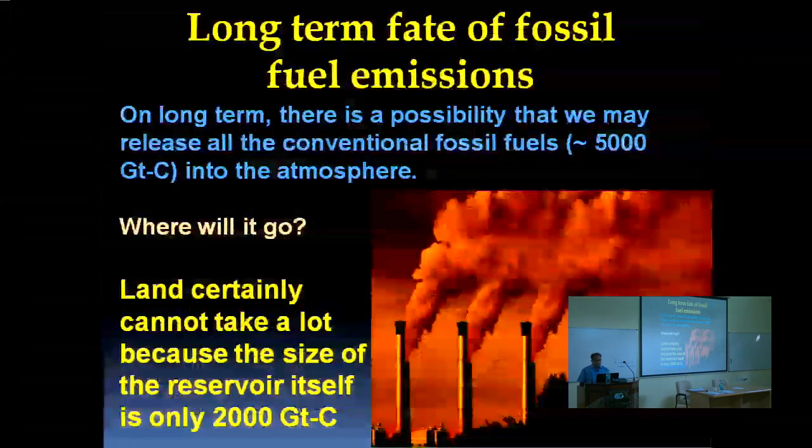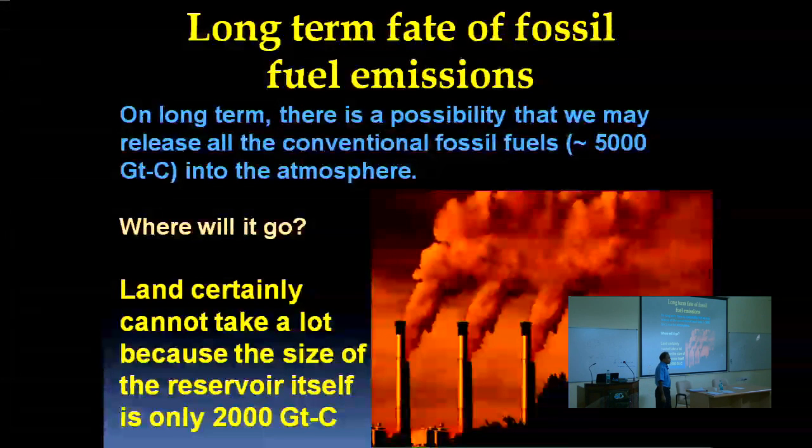Okay. So I think that's the ocean carbon cycle and how it will be perturbed in the future. Now I just want to cover a very basic concept which also involves the land, ocean, and the geological cycle. For that, let's say on a long term, there is a possibility that we may release all the conventional fossil fuels, that is about 5,000 gigaton.